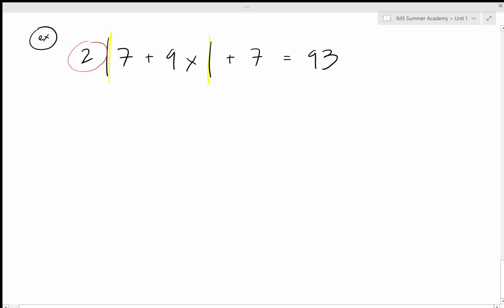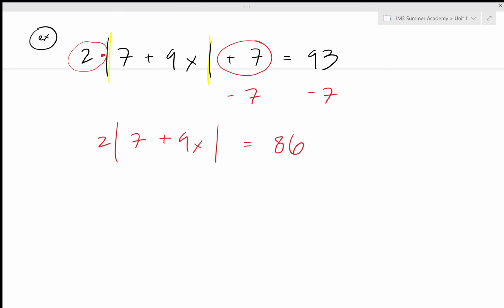The 2 is attached by multiplication. The 7 is attached by addition. The weaker one is the 7. We're going to move the 7 first. And that's going to move by subtraction. So we still have 2 times the absolute value of 7 plus 9x equals 93 minus 7, which comes out to 86.